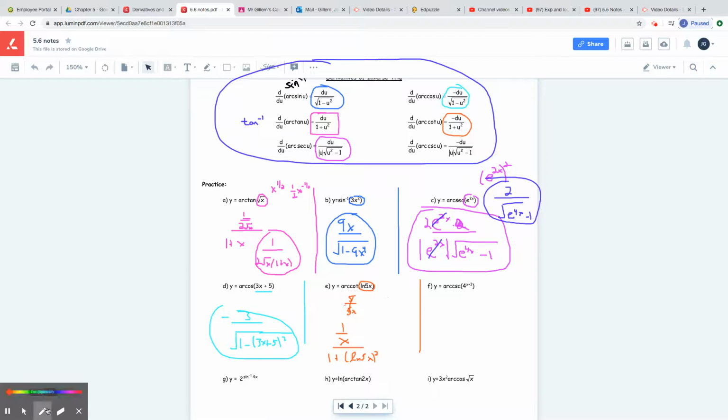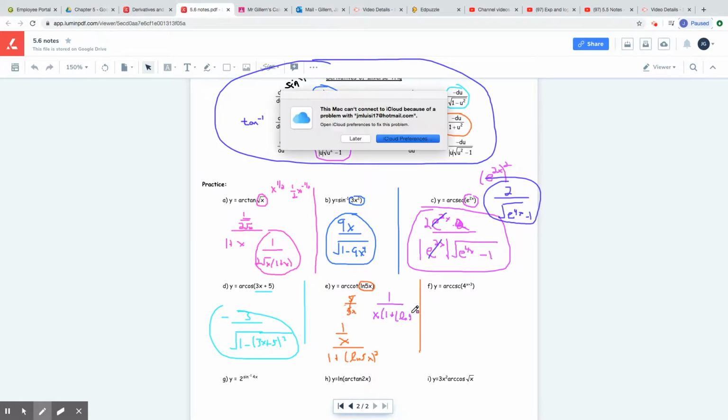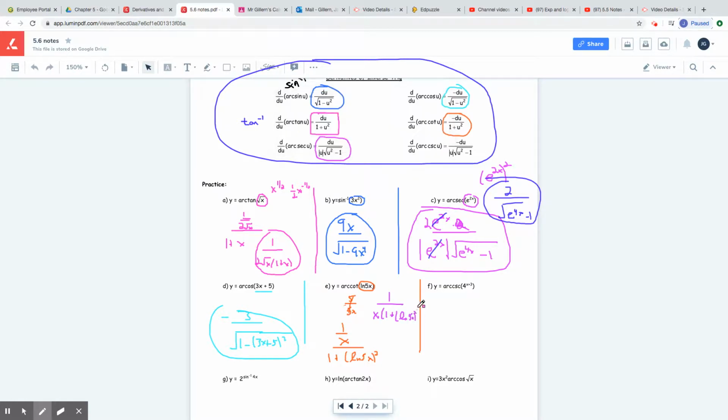So my final answer will be 1 over x times 1 plus the natural log of 5x squared. So there you go. There's your final answer. Like I said, if you leave it like this, okay. It's not perfect, but pretty much acceptable.